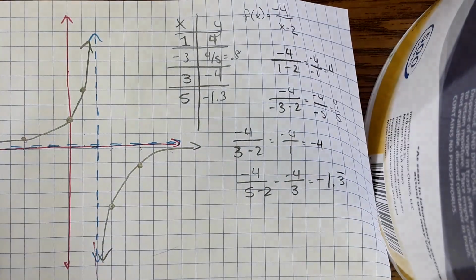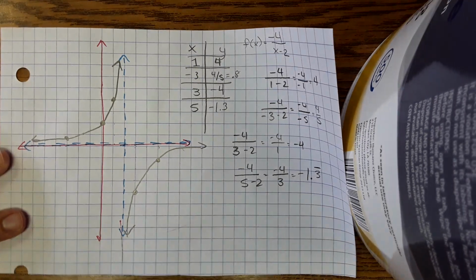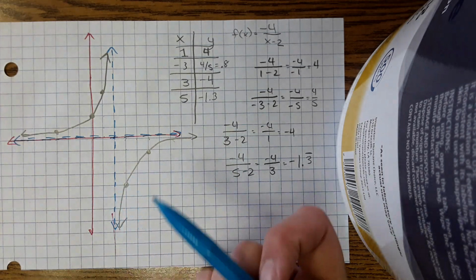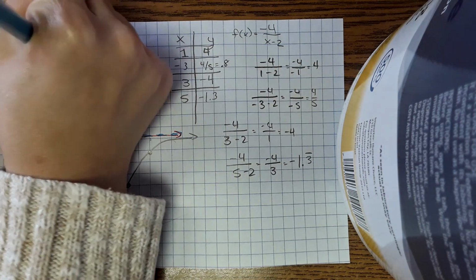There it is. Okay, so there's a graph that you'd be looking for in the answer choices. This is 17.